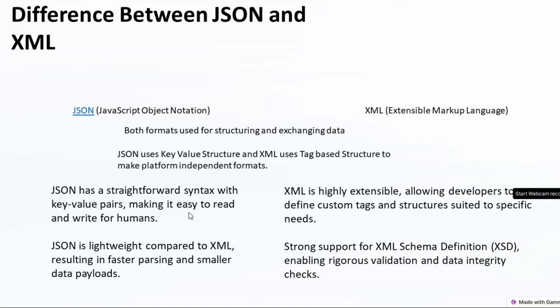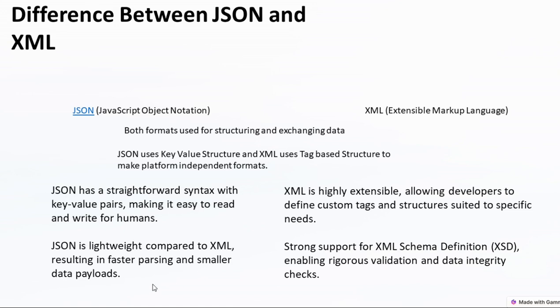Now JSON, as we saw, has key value pairs. It's very easy for us to read and write. Whereas XML is highly extensible, allowing developers to define custom tags and structures suited to specific needs. So it's highly extensible as compared to JSON. JSON is called lightweight as compared to XML.